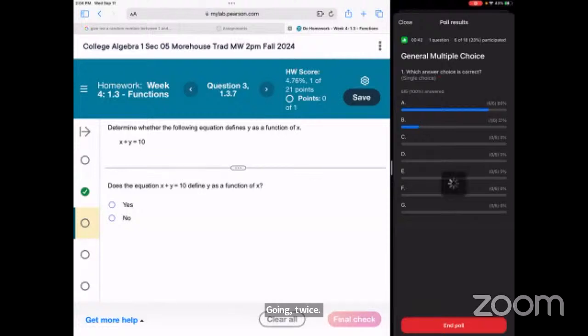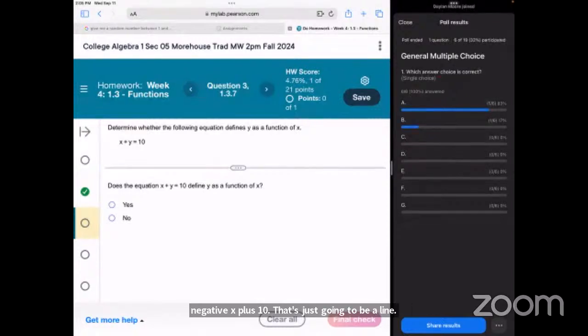Okay. I chose yes for this one. For instance, if you were to solve for y, you would get y equals negative x plus 10. That's just going to be a line. One realization we had with my earlier group: when we solve for y, if the highest power on y is an odd power, it'll be a function.